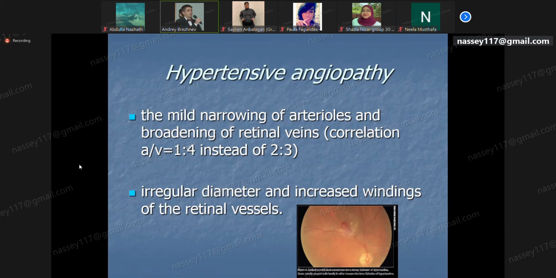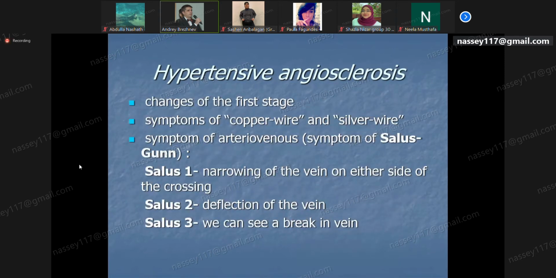Additionally, we can see irregular diameter of the retinal vessels. So it may be thinner in one area and thicker in another area, changes in the diameter of the same blood vessel in different areas of the retina. And increased windings. So this is the first stage, associated with mild systemic hypertension.